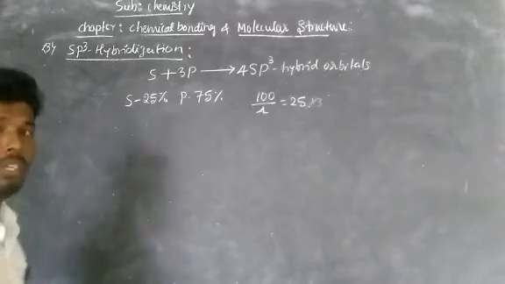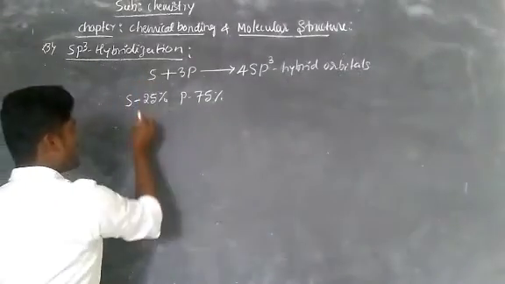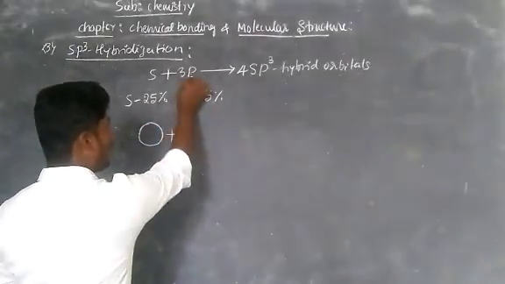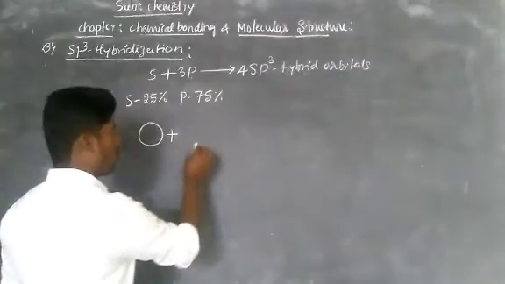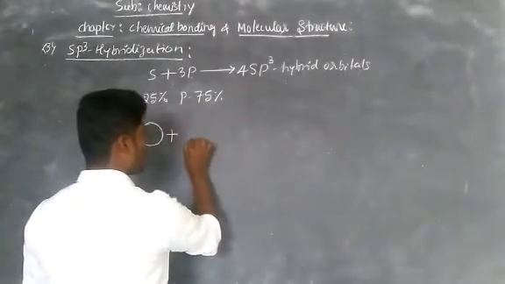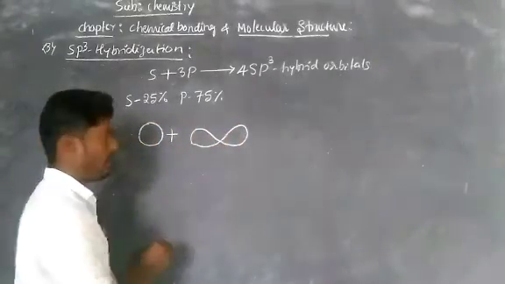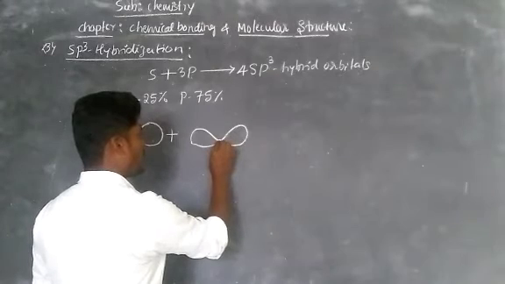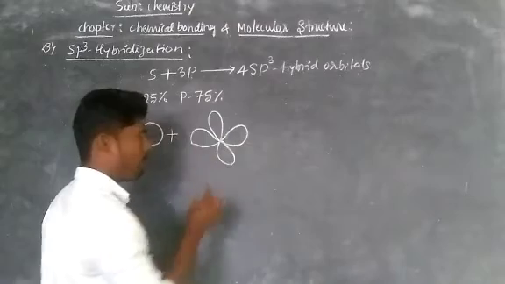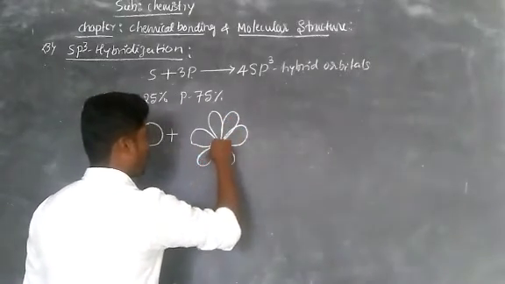Now here observe, 4 sp3 hybrid orbitals are there. You know s is spherical in shape, plus how many p orbitals are there? 3 p orbitals. Those 3 are oriented in different directions, right? So assume this is the x direction p orbital and this is the y direction p orbital, and assume this is the z direction p orbital.